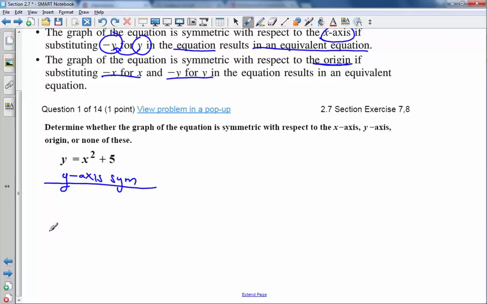Take a line and do it here. What do I do for y-axis symmetry? We replace who with what? X with negative x. So take this equation, make every x go away. Look, I will make x go away. What happened?